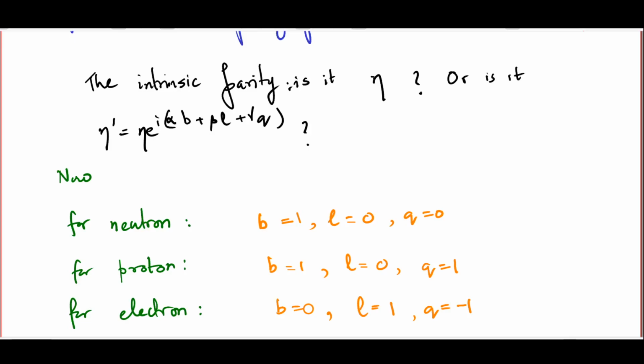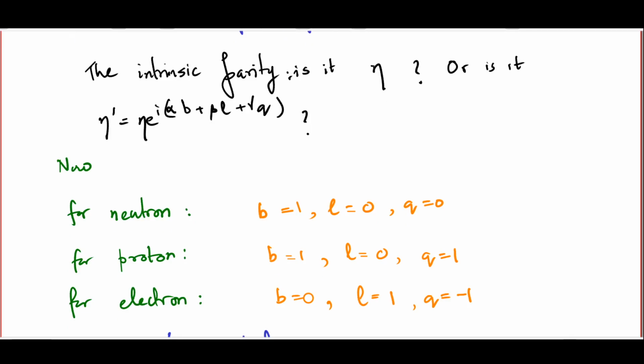Proton, on the other hand, has baryon number and charge of 1 but a lepton number of 0. The electron has lepton number of 1 and charge of minus 1. These are all different combinations of B, L and Q, and therefore what we can do is we can choose alpha, beta and gamma in such a way that the corresponding eta prime for these 3 particles all become 1.